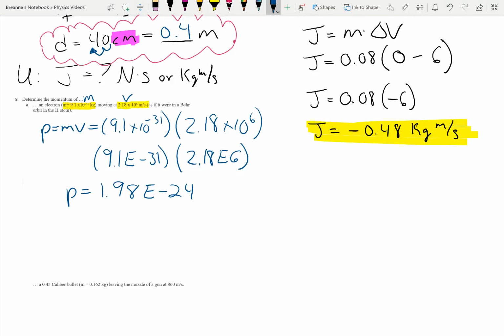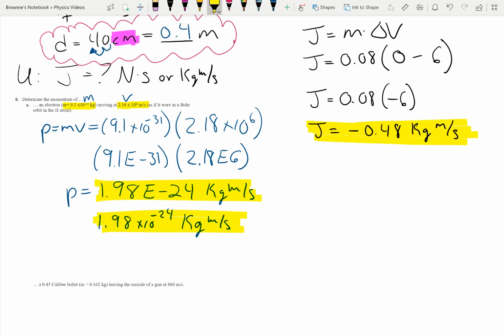So that's how the calculator will give it to you, but you know that that equals 1.98 times 10 to the negative 24 kilograms meters per second. So those are both the correct answer, just presented in two different ways.